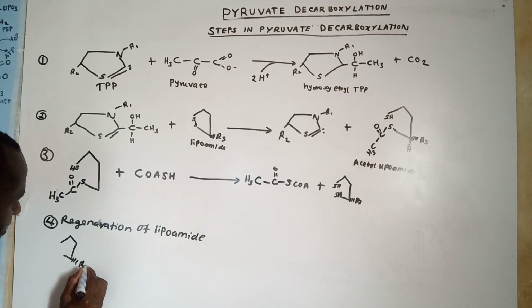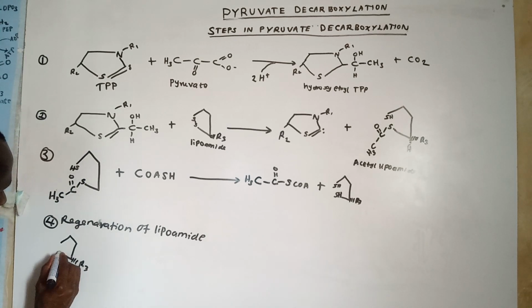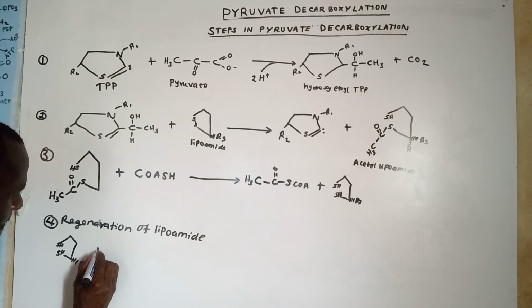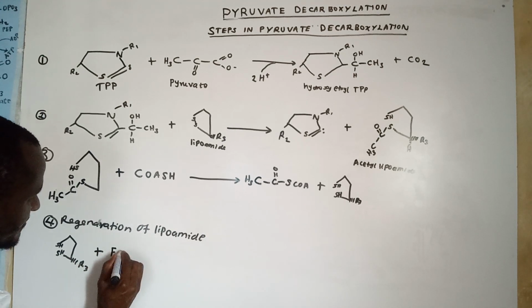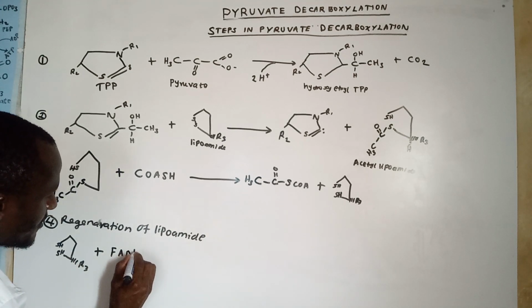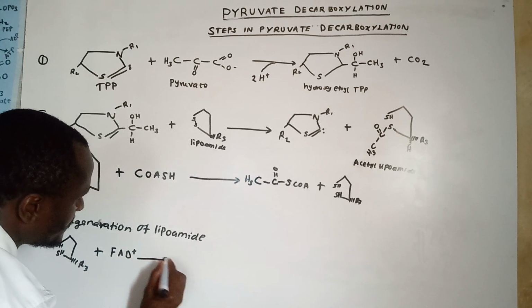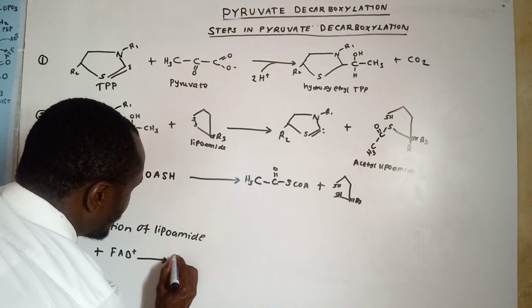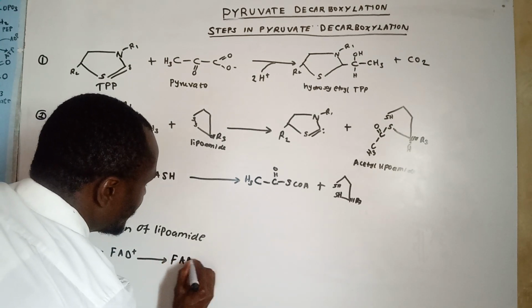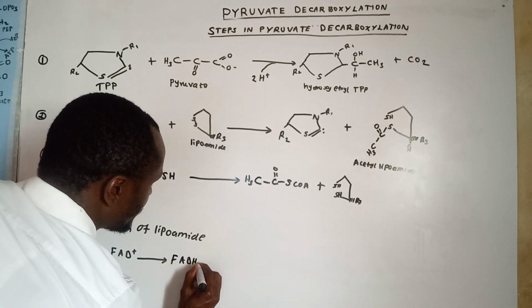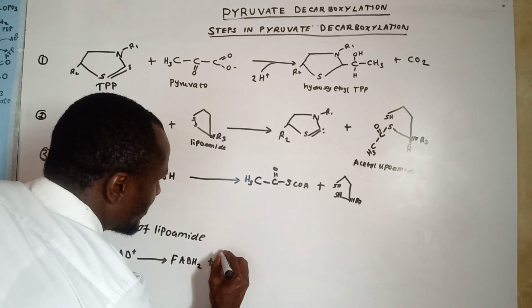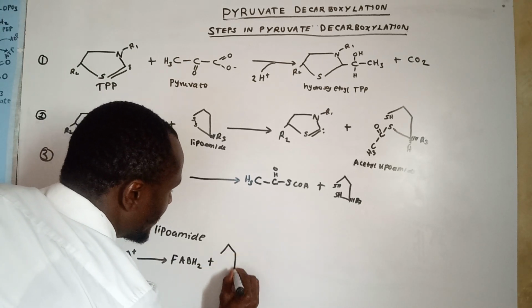This is our R3, SH. So it reacts with FAD positive to form our FADH2 plus our lipoamide.